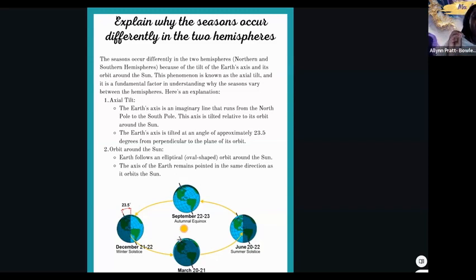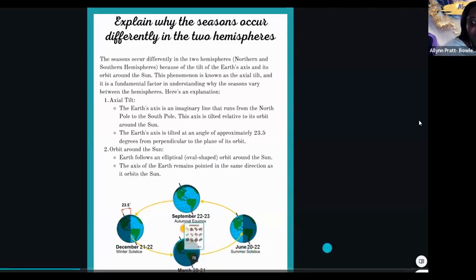So, because the earth is tilted and the sun, like we say, stays at this particular spot. When the earth is at this particular location in March, around March 20th to March 21st, we have the springtime. When the earth is at this particular angle, in June, around June 20th to the 22nd, we have the summer solstice.